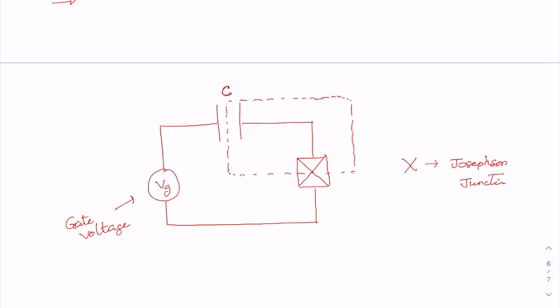Now let us discuss how we can obtain an appropriate microwave cavity, because we want strong interaction between the microwave and our two-level system, for which we need to put the qubit or two-level system inside a cavity.